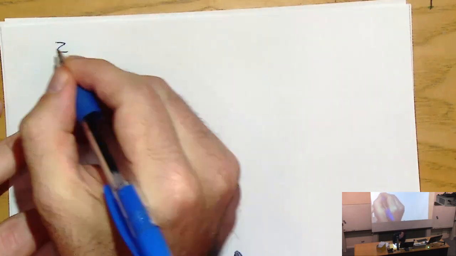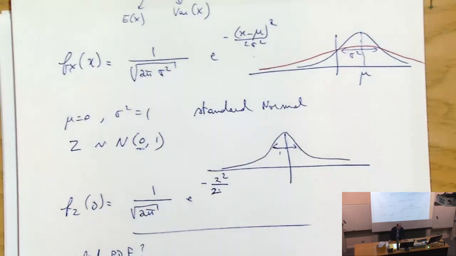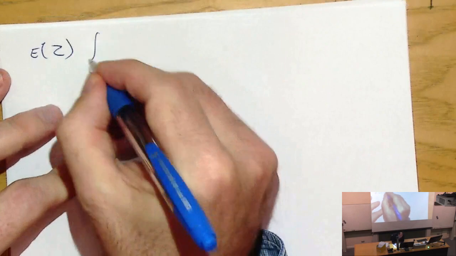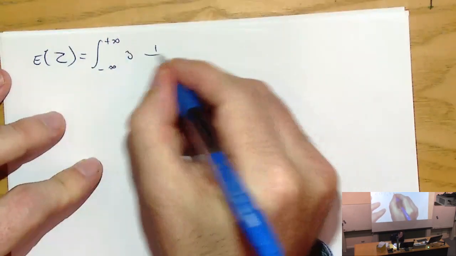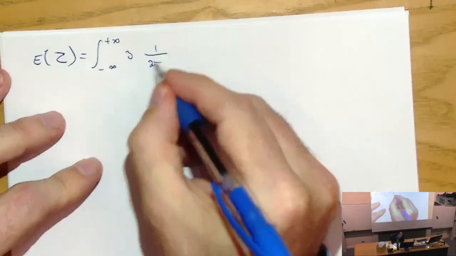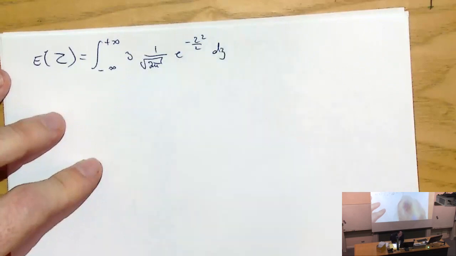Good. Interesting, but how do we use all of this? So, let's first compute the expectation of Z. How can we compute the expectation of Z? We said earlier that if you have a standard normal random variable, the mean is 0. So we should be able to show this. The expectation of Z is the integral between minus infinity and plus infinity of Z multiplied by the PDF of the standard normal random variable, e to the minus z squared over 2, dz.